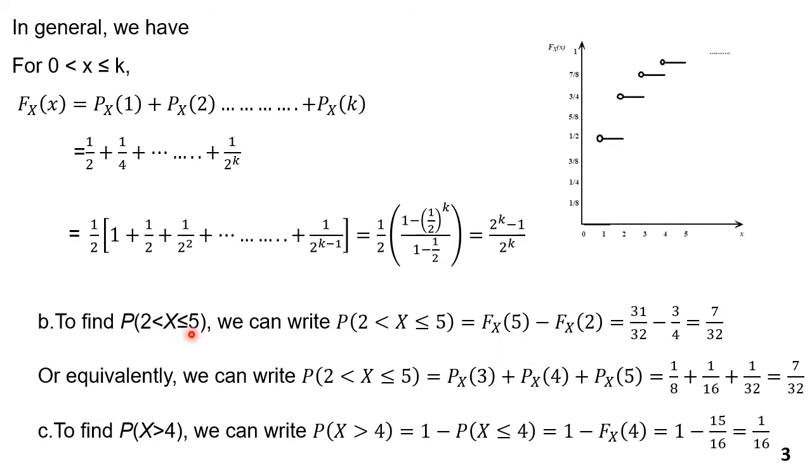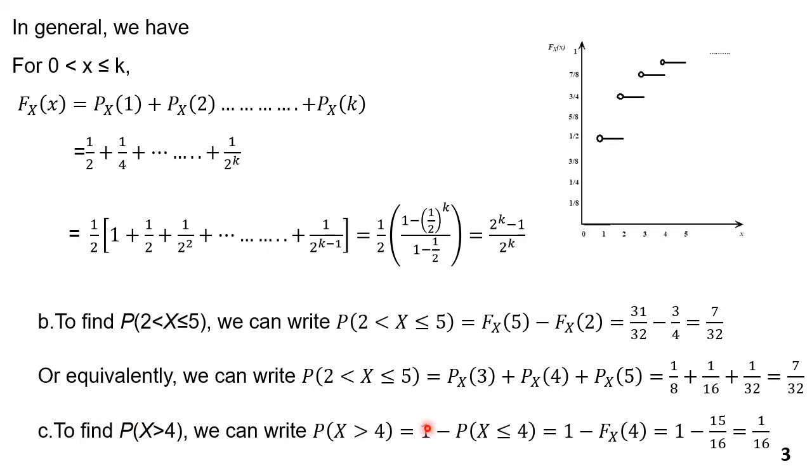So it is Fx(5) minus Fx(2). Fx(5) we can get from this: 2 to the power 5 minus 1 divided by 2 to the power 5, that gives us 31 by 32, minus Fx(2), 2 to the power 2 minus 1 divided by 2 to the power 2, that is 3 by 4. That gives us 7 divided by 32.